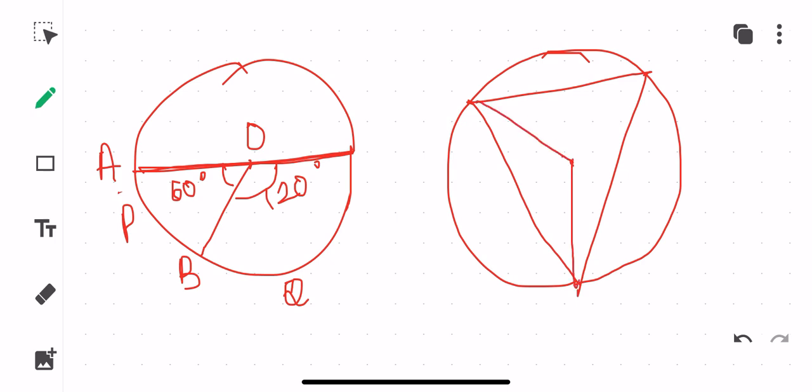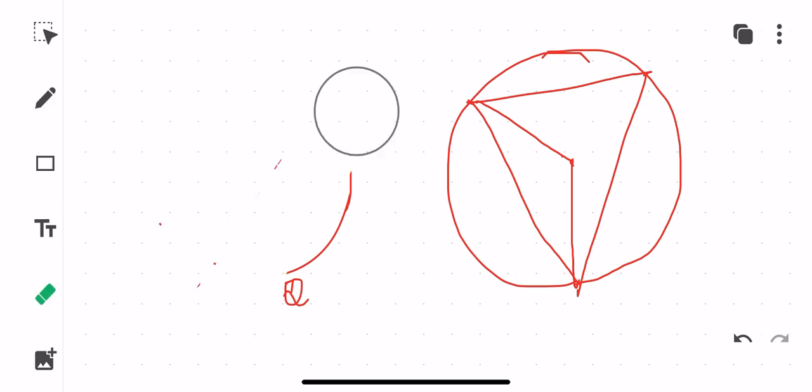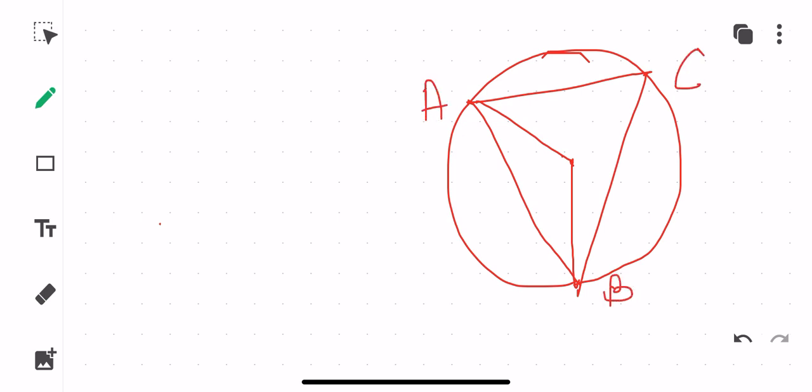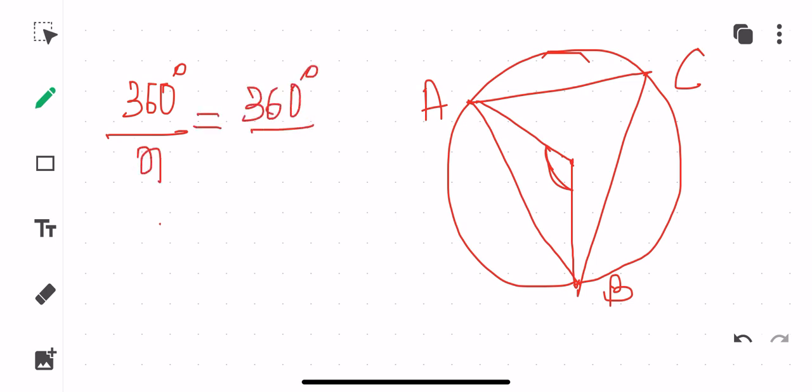Suppose this is my triangle ABC. Since the number of sides in a triangle is 3, this angle will be equal to 360 degrees divided by n, and n is equal to 3, so 360 degrees divided by 3, which is equal to 120 degrees.